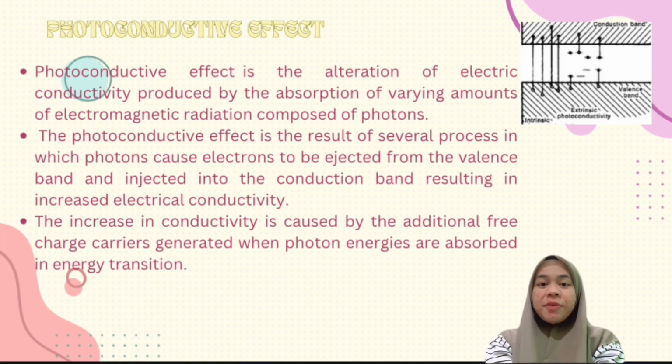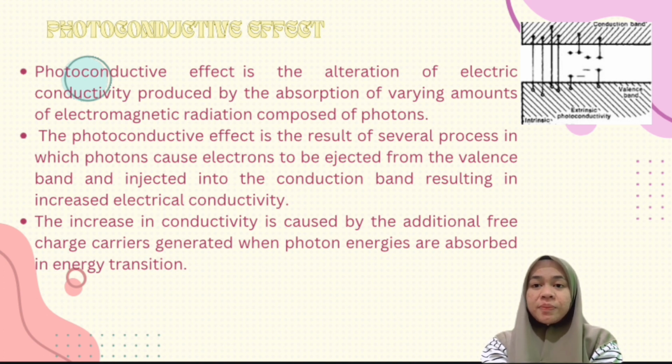Next, I will explain about the photoconductive effect. The photoconductive effect is the alteration of electric conductivity produced by the absorption of varying amounts of electromagnetic radiation composed of photons. The photoconductive effect is the result of several processes in which photons cause electrons to be ejected from the valence band and injected into the conduction band, resulting in increased electrical conductivity.